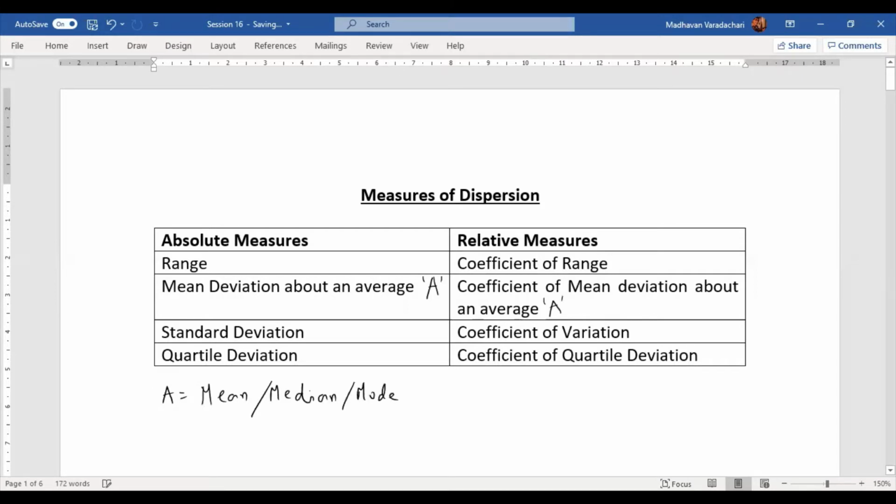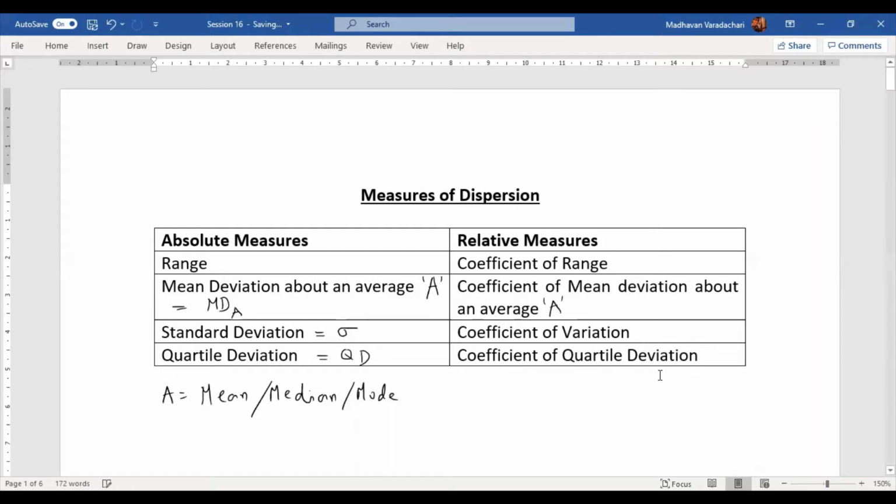It can be any of these three averages. Then the next one is standard deviation, which is denoted by the symbol sigma. Then quartile deviation, shortly written as QD. And this mean deviation is shortly written as MD suffix A.